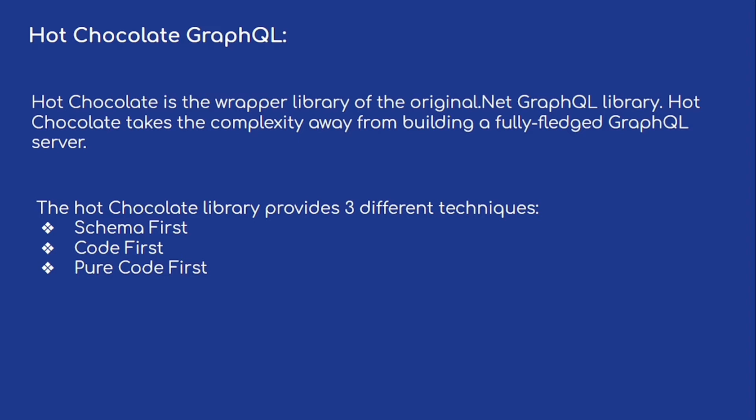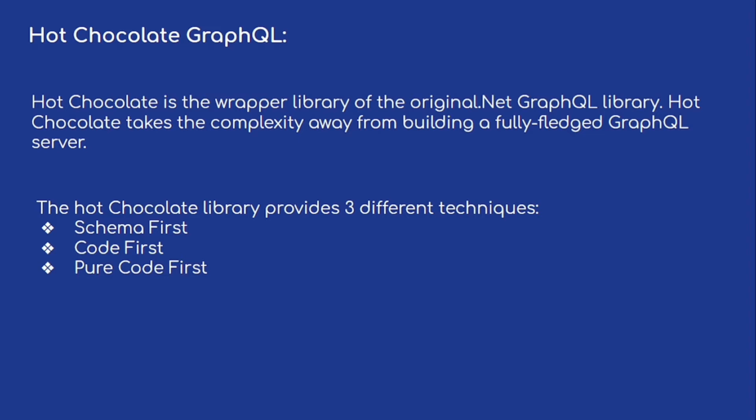Okay. So this Hot Chocolate GraphQL library provides us three techniques for integrating GraphQL, such as schema first. Schema means GraphQL will have its own schema, like its own syntax. So using schema first means we have to learn the GraphQL schema language, GraphQL SDL, the schema definition language. So that is one approach.